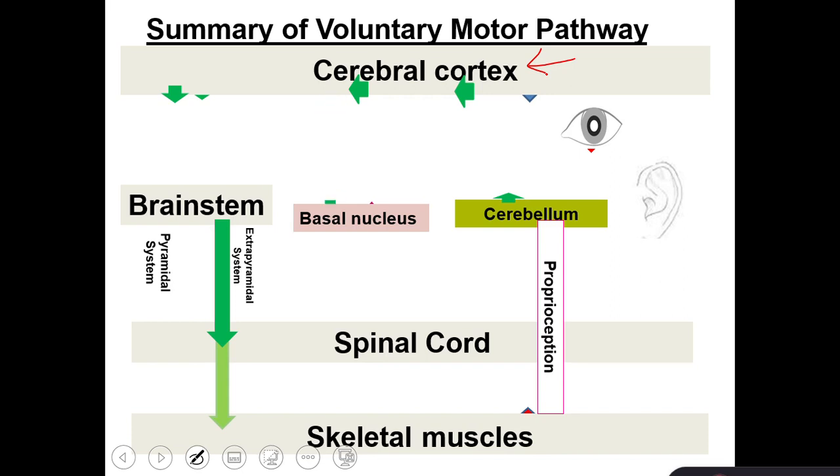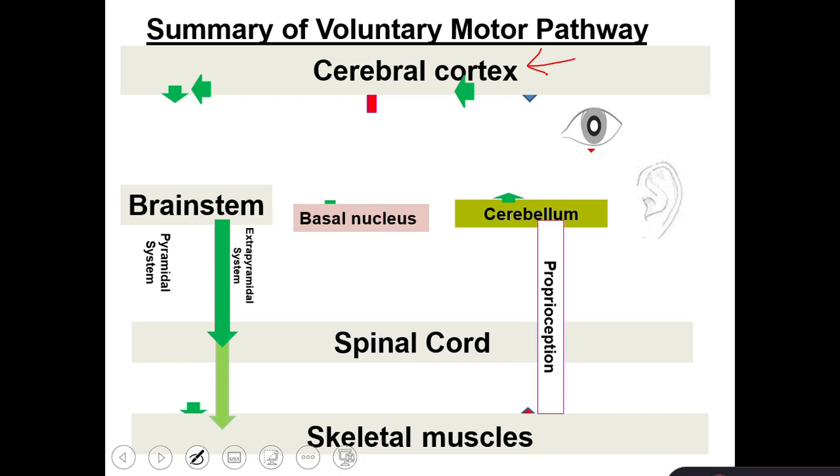The basal nucleus takes this and fine-tunes that copy of movement. The fine-tuned copy goes back to the precentral gyrus, and then it goes to the pyramidal system, to the spinal cord where the lower motor neurons are, and to move your skeletal muscles.